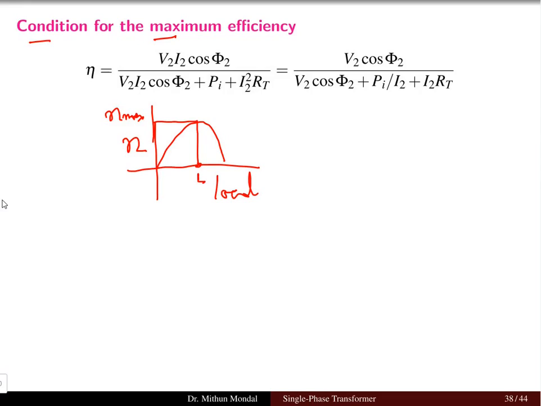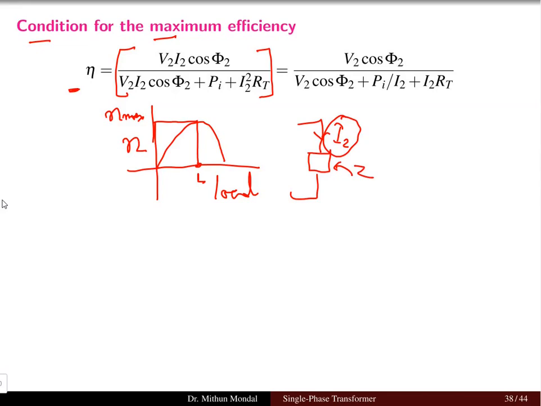Let us see. The efficiency formula is given by this one, where we have the output power divided by output power plus losses. And since the load is connected in the secondary, the current I2 is flowing, and this I2 is changing with respect to the load. So when the load is changing, I2 will be changing.